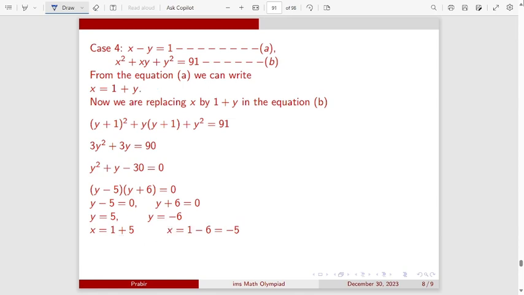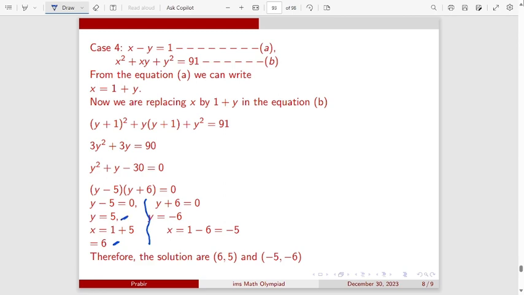Similarly for the other case we put x equal to 1 plus y, where y is minus 6, so x equal to 1 minus 6, which becomes minus 5. So that means we have two solutions, one is 6, 5, another is minus 5, minus 6.